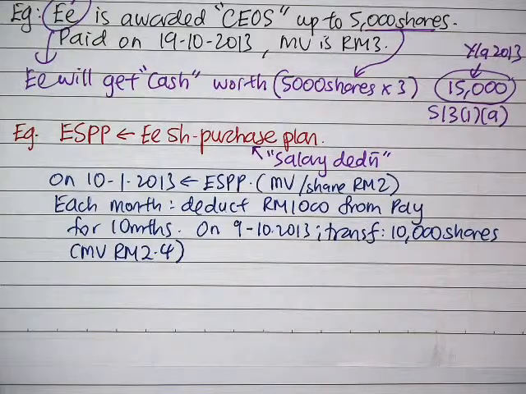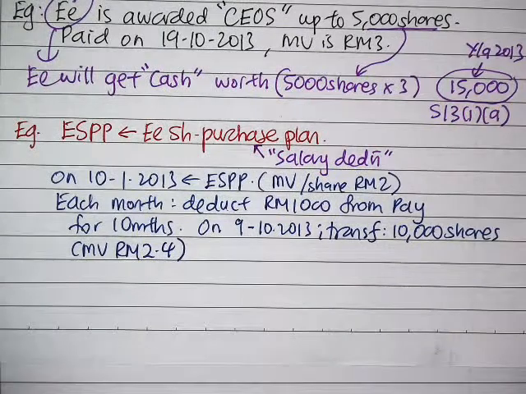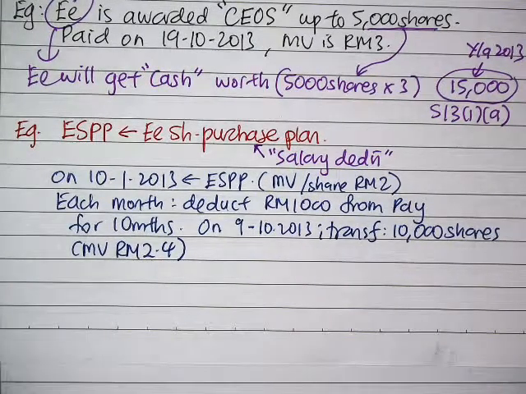So in this case, again, how do you work out the value of the perquisite? Now you see, the issue is when you calculate this kind of option scheme, you need to know what the market value is when it becomes exercisable, and what the market value is when you exercise. But in this case, you will find that exercisable and exercise fall on the last day.